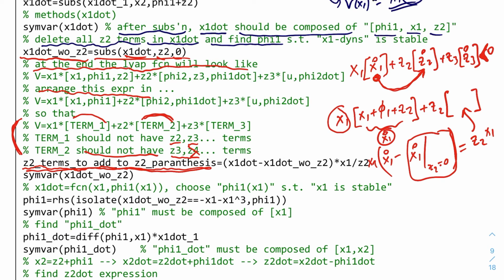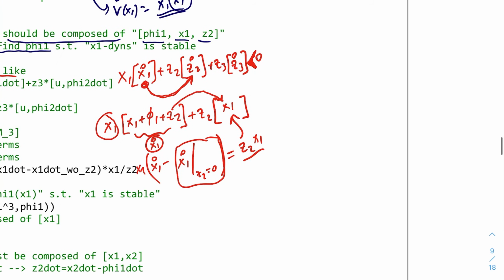Now you have x1 times z2. And since you get this term in z2 parentheses, divide this term by z2, and then you can write x1.